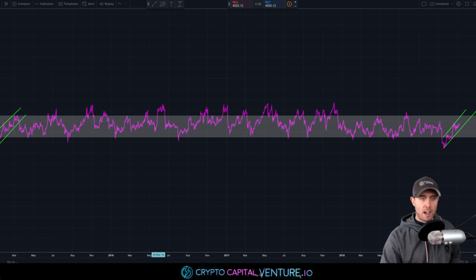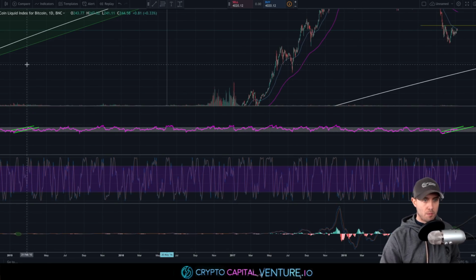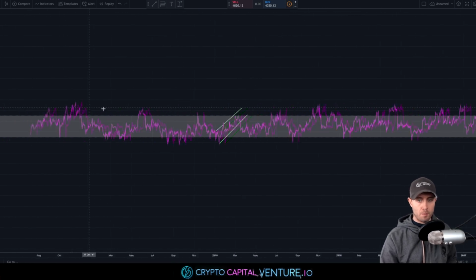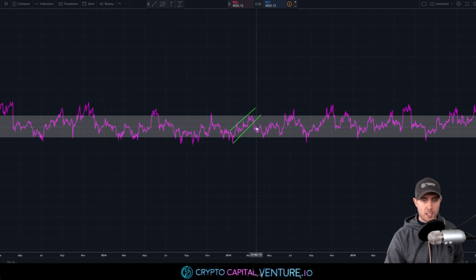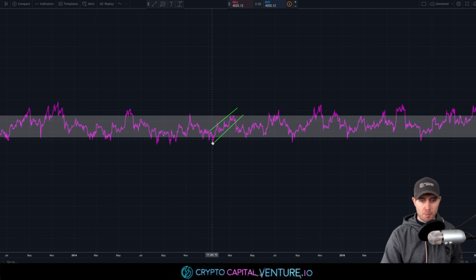And lastly, I want to point out the consistencies in these rising wedges on the RSI in terms of momentum for Bitcoin. You can see on the RSI back in this bear market bottom, this was basically the retesting and overcoming of the 50 EMA. This is what the RSI looked like from its bottom in January to around mid-March.